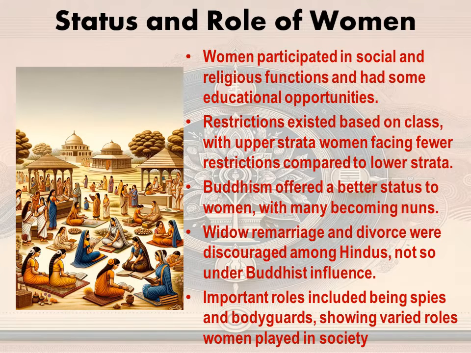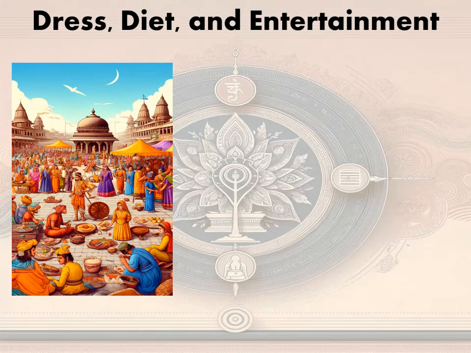Important roles included being spies and bodyguards, showing varied roles the women played in society. So women could become spies, and also they acted as bodyguards, showing that they performed various kinds of roles in the Mauryan society.